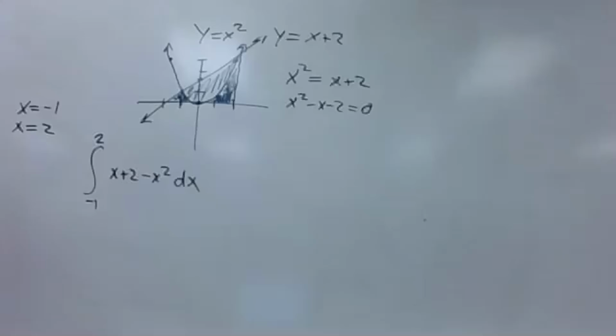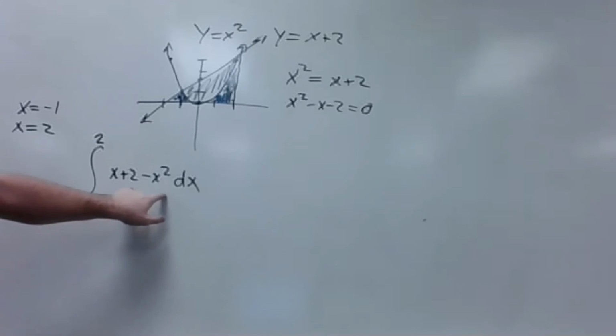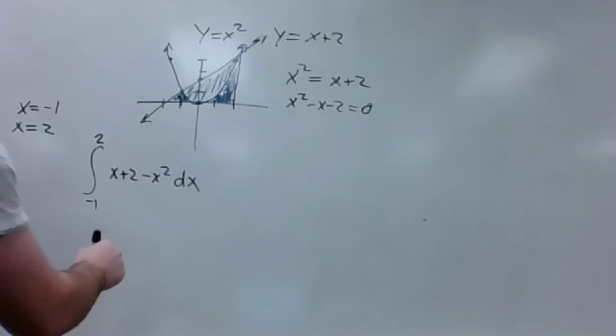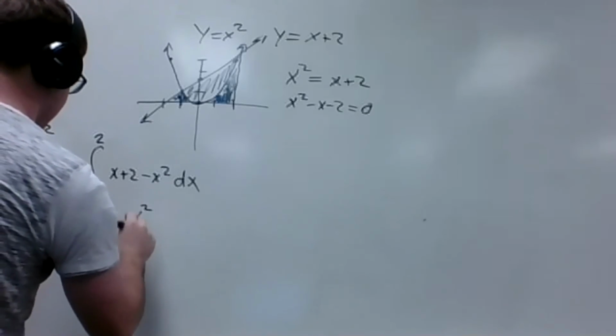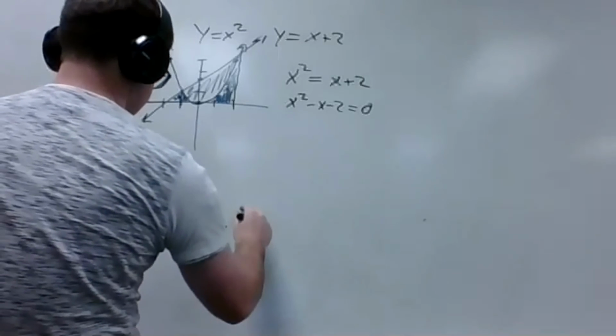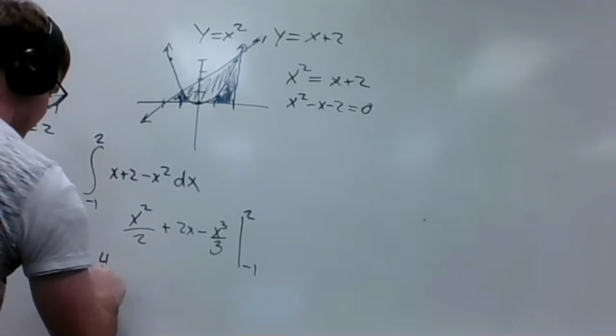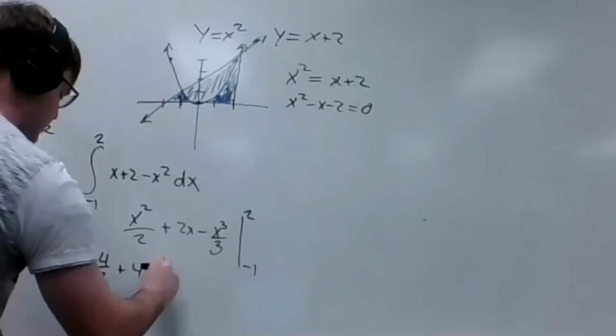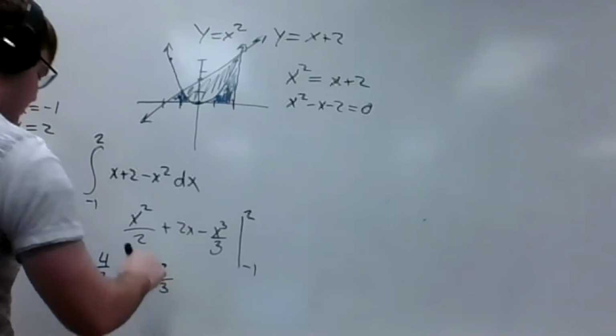All right. And now we're set up to evaluate our integral. So now we're going to do it. We're going to have x squared over 2 plus 2x minus x cubed over 3, and we're going to evaluate this at the points -1 and 2. So then we have 4 over 2 plus 4 minus 8 thirds.